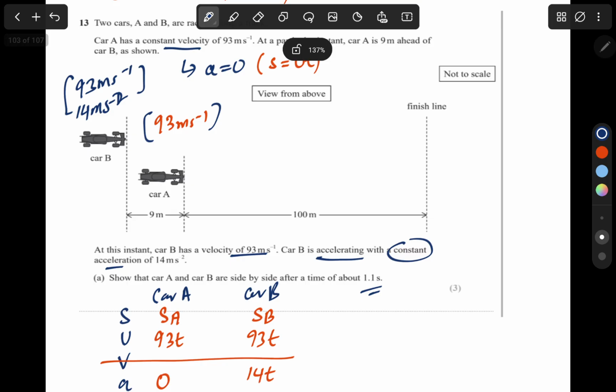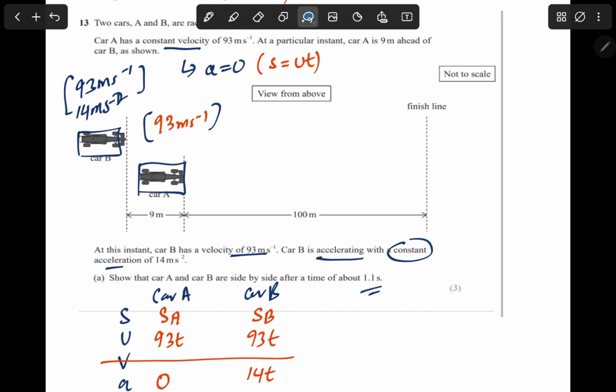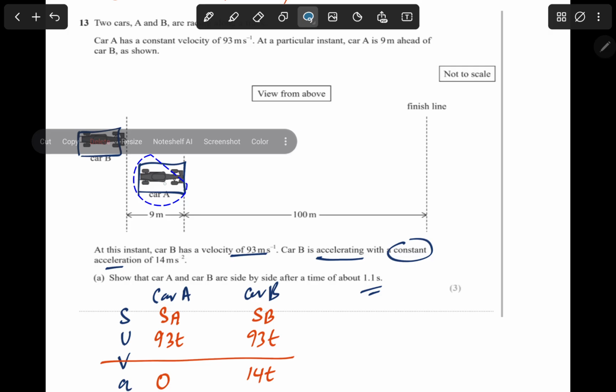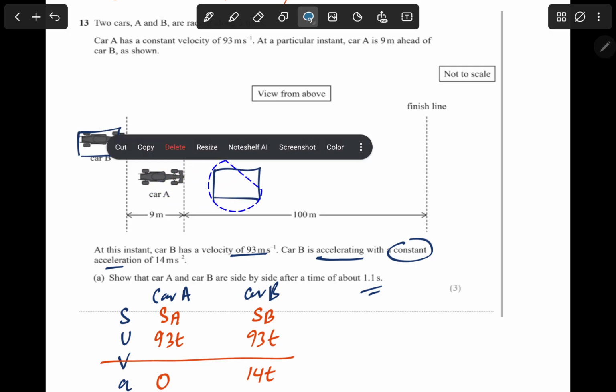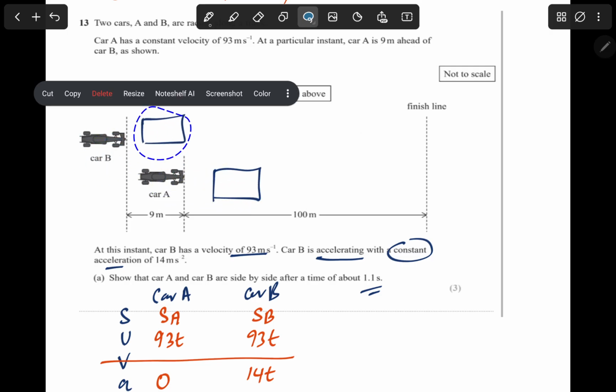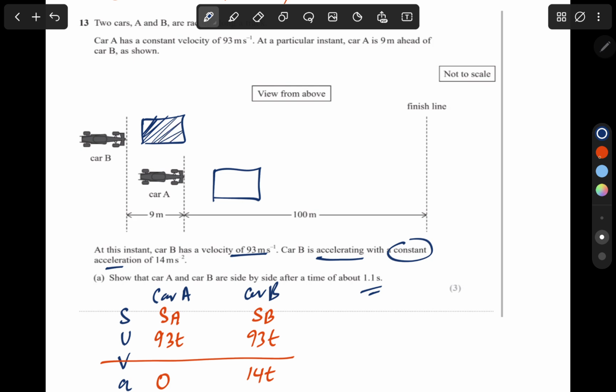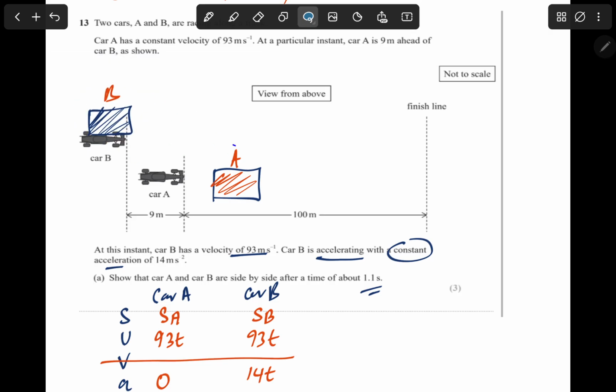Let's say they start moving. So here's this car, and here's this car. Let me erase this stuff up here. Okay, so let's say this is car A and this is car B. This car starts moving.